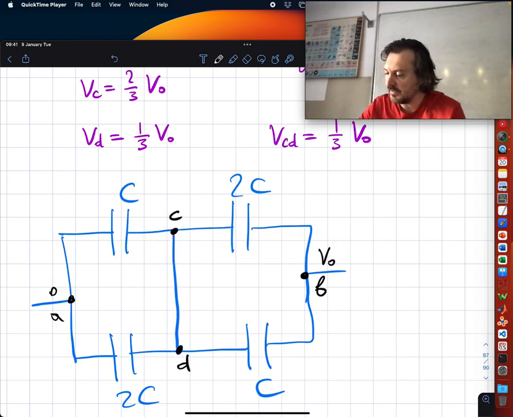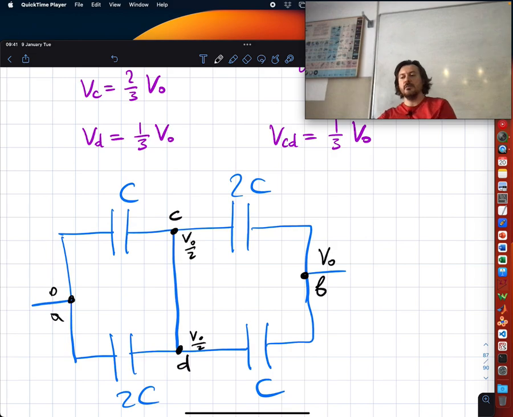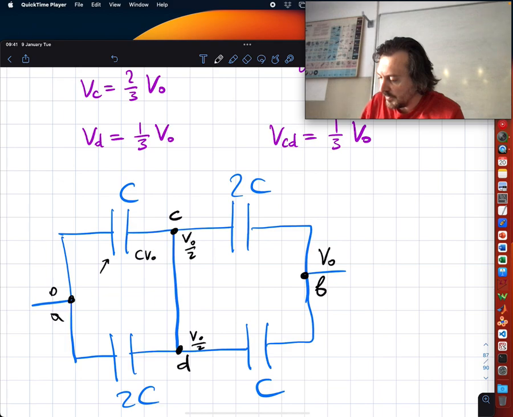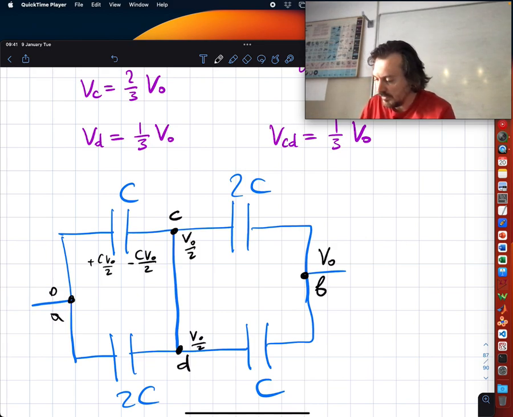So I'm now telling you that the potential over here is V0 over 2. The potential over here is V0 over 2. What does it mean? What is the charge over here? C times V0 over 2. Very good. On this side it's negative, on this side it's positive. And how about here?